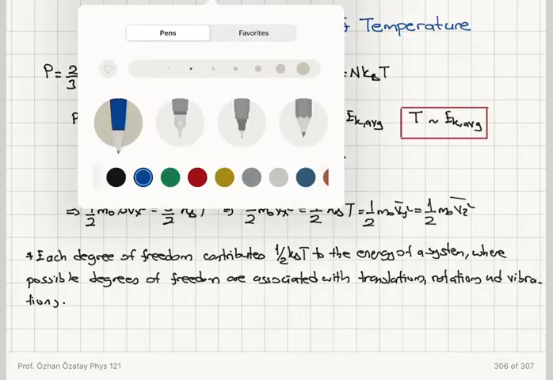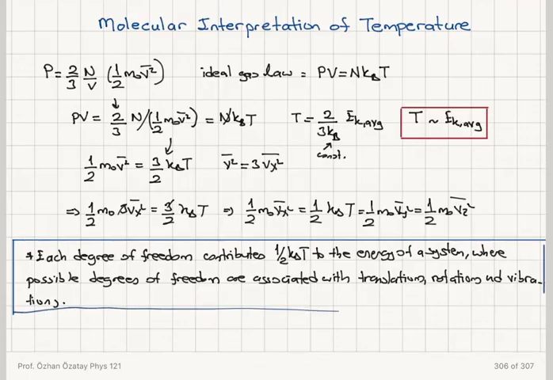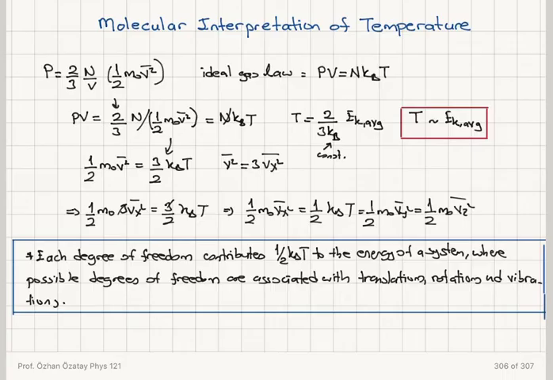So this very important result is known as the theorem of equipartition of energy. We have just shown this theorem for basically the translational degrees of freedom, but it's more general than that.